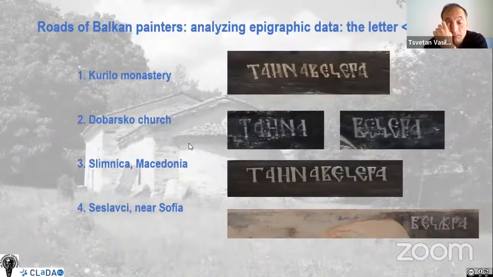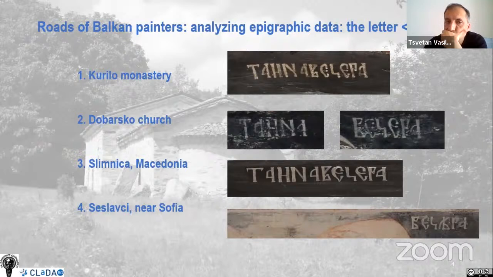And these are examples of how one can trace connection between different churches using a philological approach. For instance, you see here examples from 4 different churches and monasteries.